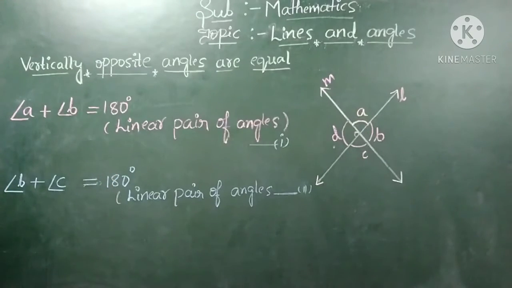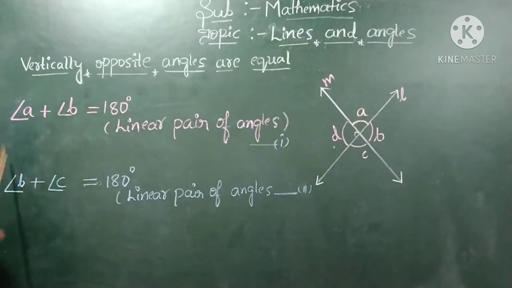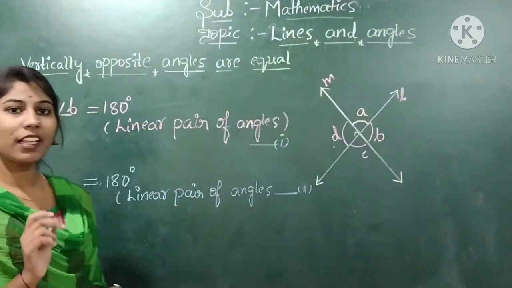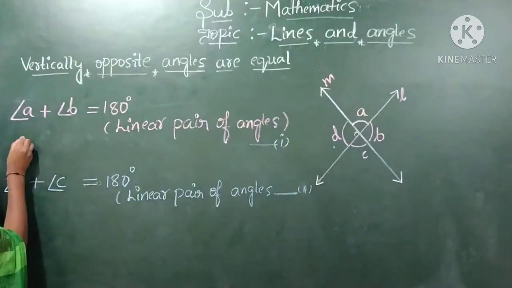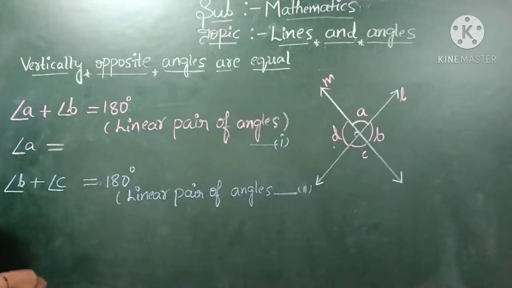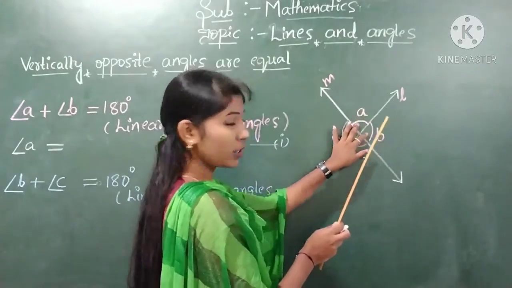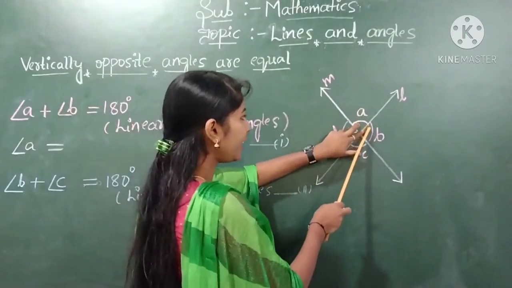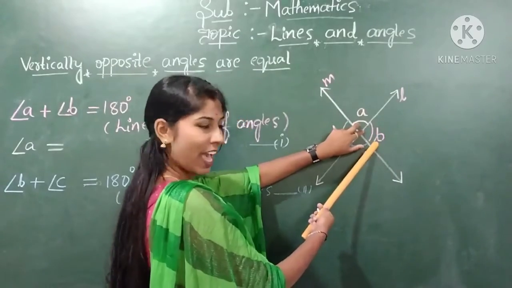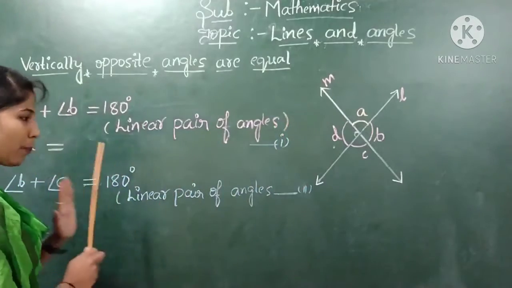Another one, you can see here, angle A plus angle B is equal to 180 degrees. So now, what is the value of angle A here? These two sum to 180 degrees, so 180 degrees minus this angle, you will get angle A. Are you getting the point?